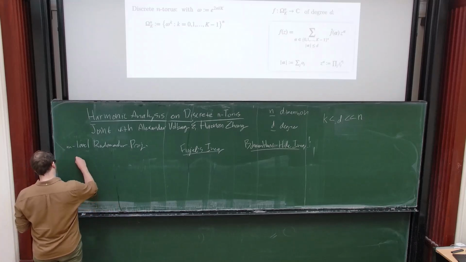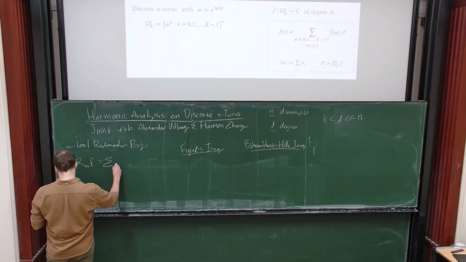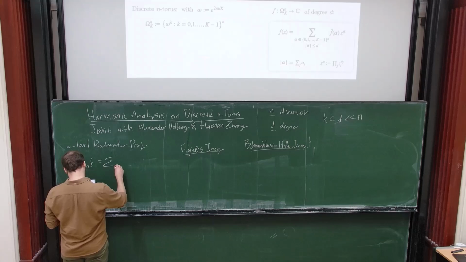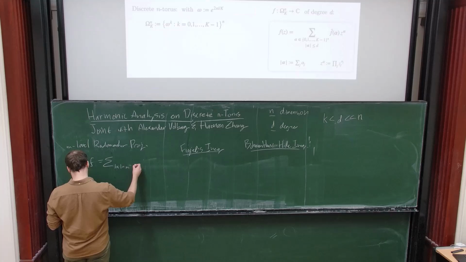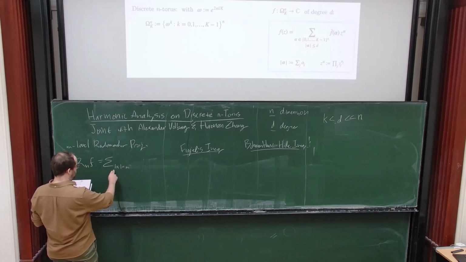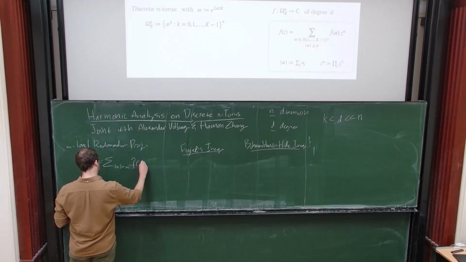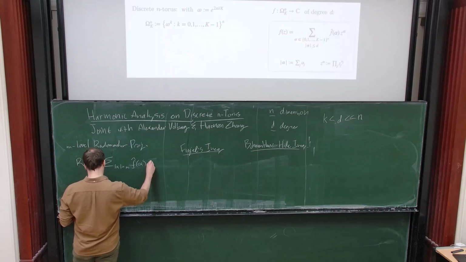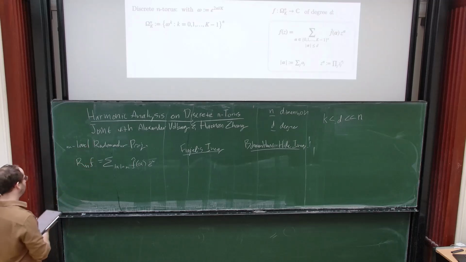We define R_m of f to be just the m-th level of this polynomial. So we sum over all multi-indices such that the L1 sum of the coordinates is m, and we take the coefficients and of course the monomials. This notation I have just written up here for safekeeping.